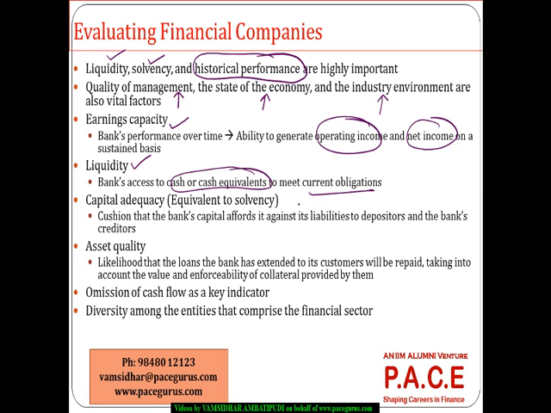Then the solvency in the banking world we are calling as capital adequacy, which is a kind of a cushion or a kind of a backup the bank is having against its liabilities to the depositors and the bank creditors. In case the depositors or the creditors are demanding, what is the level of backup the bank is having to make the payment to the depositors and creditors?